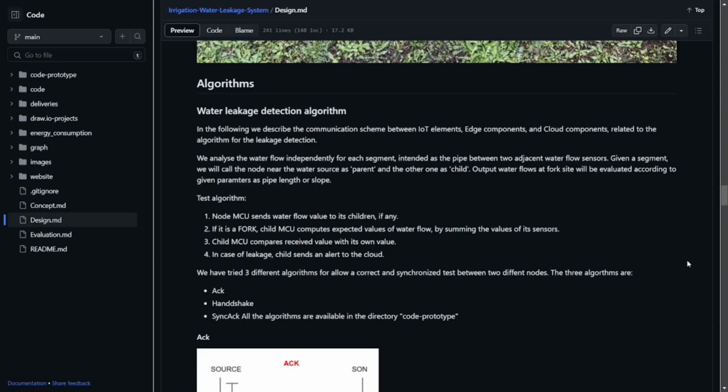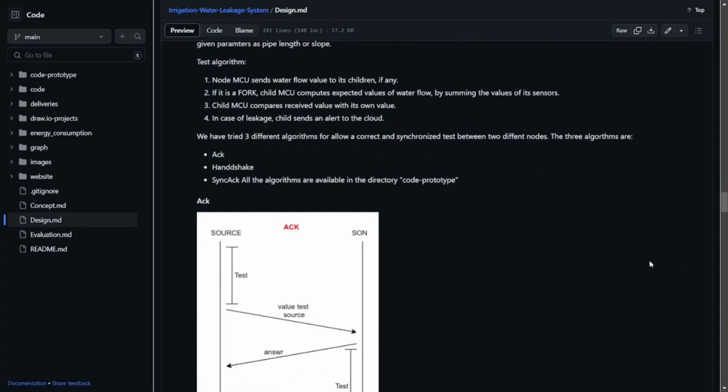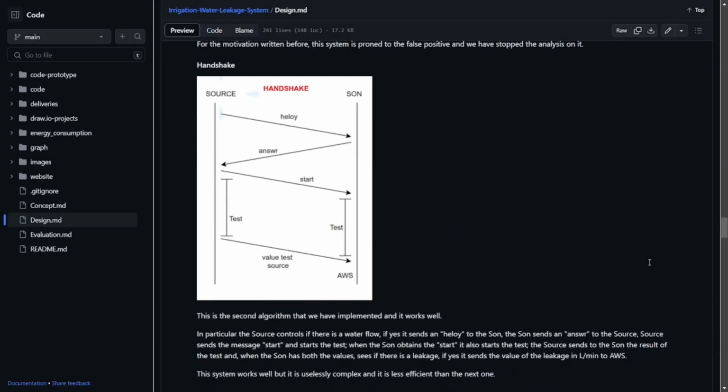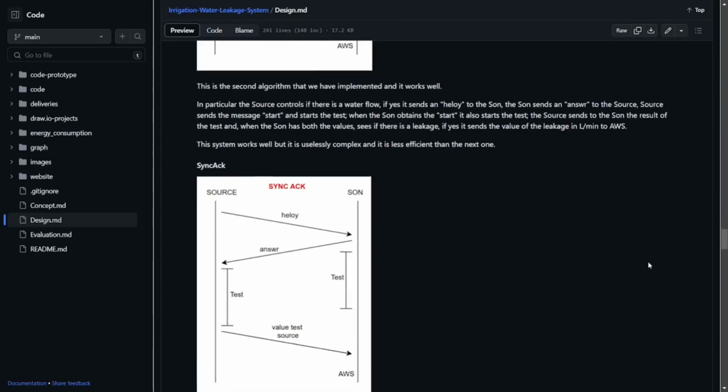Then, in case of leakage, the child sends an alert to the cloud. To avoid false positives in the leakage detection, we have tried three different algorithms for synchronized tests between two different nodes. The three algorithms are the following: the ARC, the handshake, and the sync-hack.